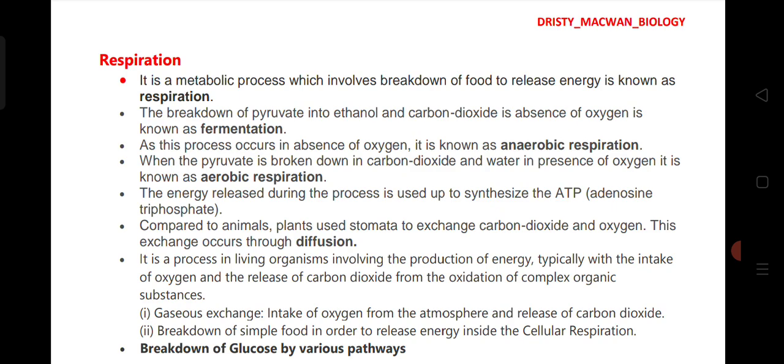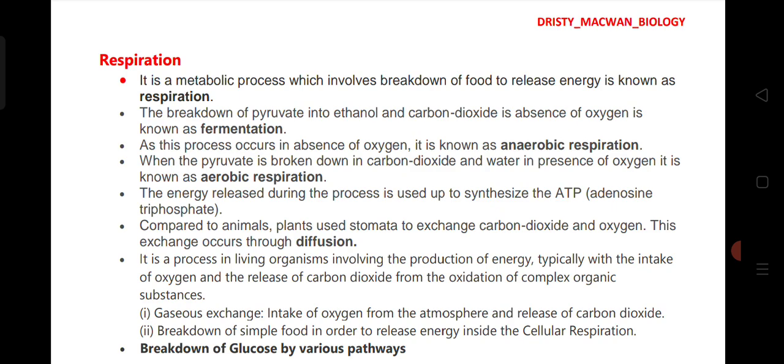Now the energy released during the process is used to synthesize ATP, that is adenosine triphosphate. Whatever energy is released during the breakdown process is utilized to synthesize a specialized form known as ATP.